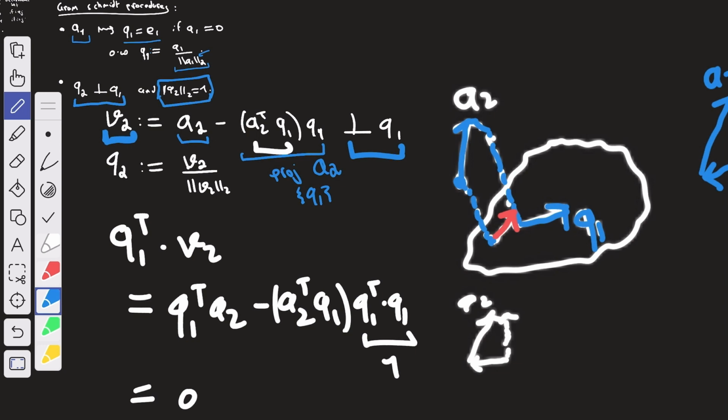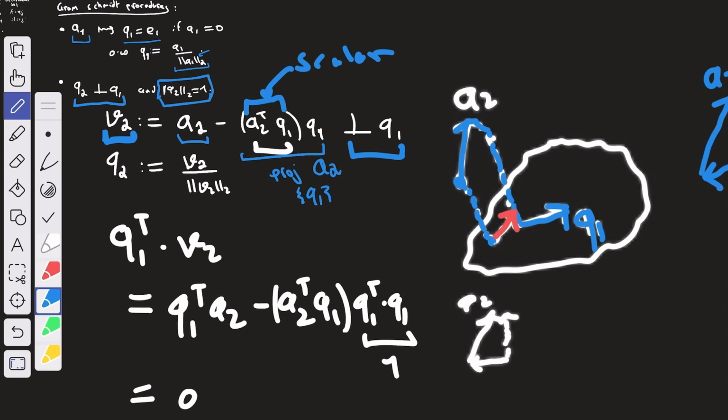So let us multiply q1 transpose times v2, using this equation. We're just going to distribute, and this thing over here is just a scalar, because it's the dot product of a2 and q1.